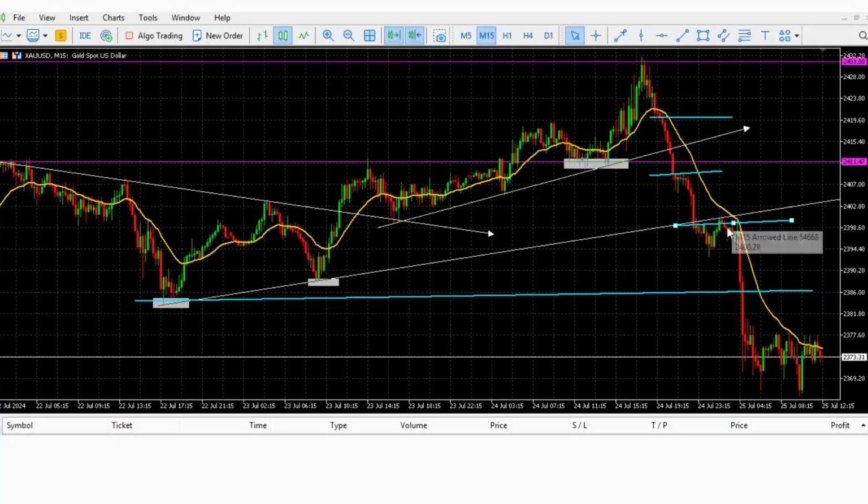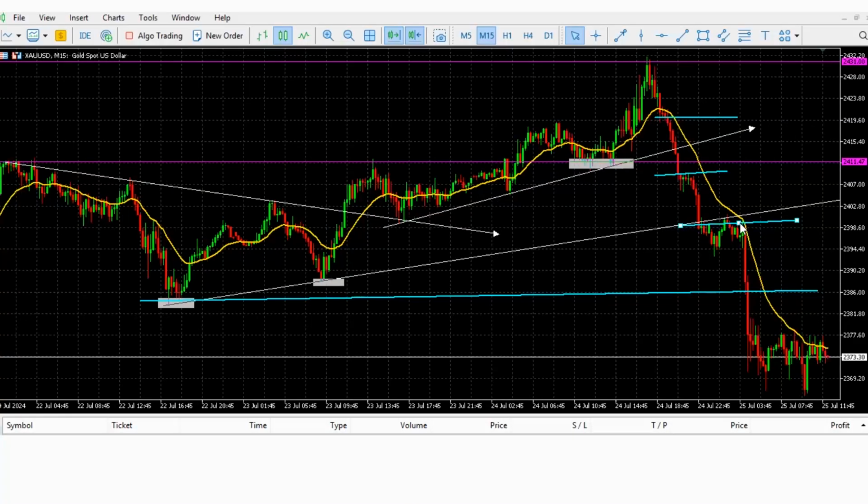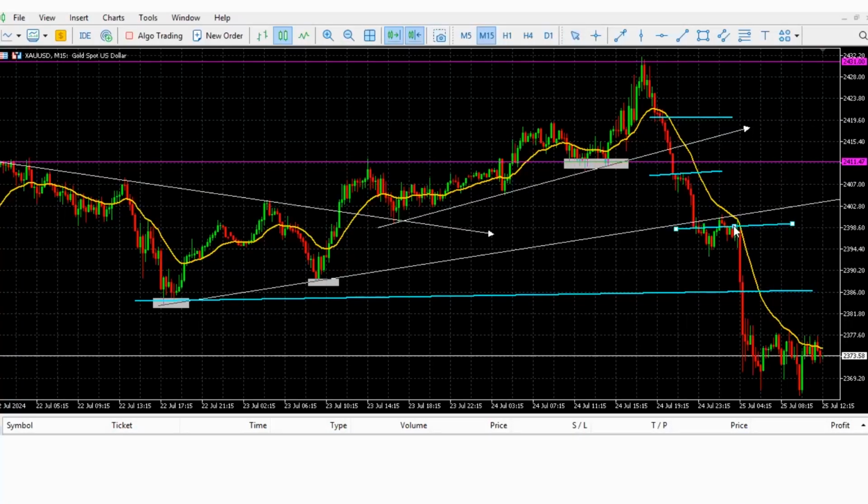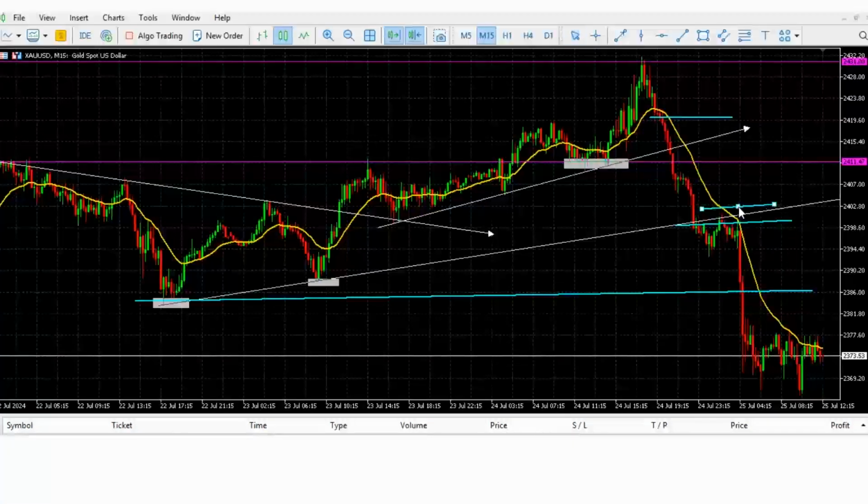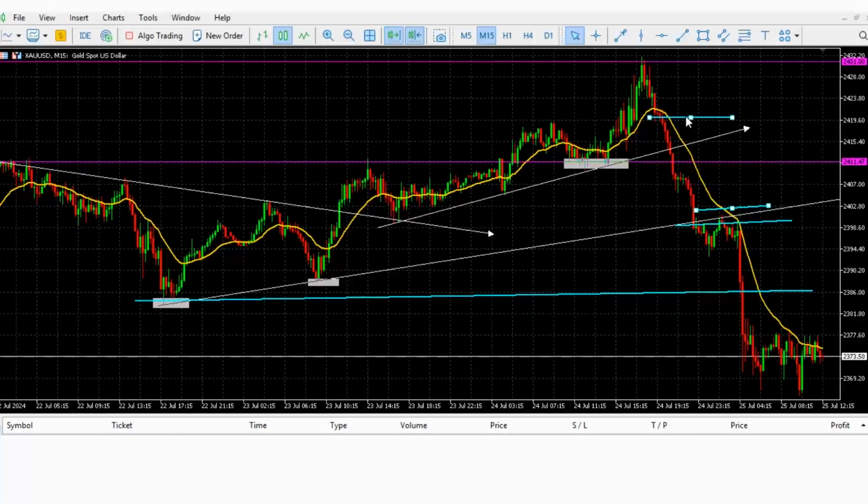Since the price has retraced to the 20 EMA, that is where you are expected to take a sell trade. You can simply take a sell trade as the price comes close to or touches the 20 EMA, somewhere here.